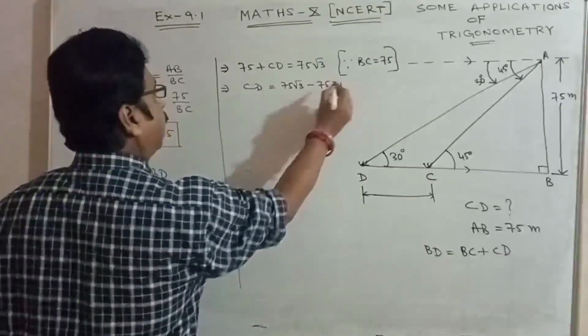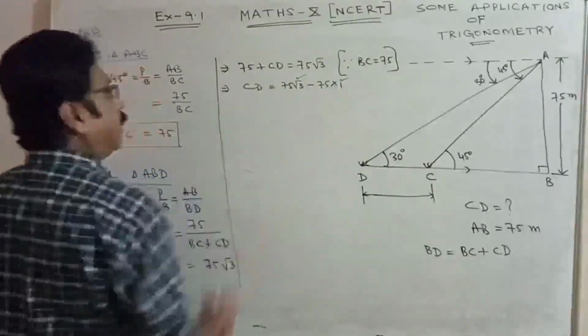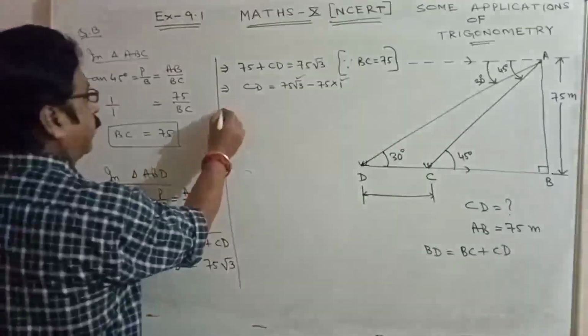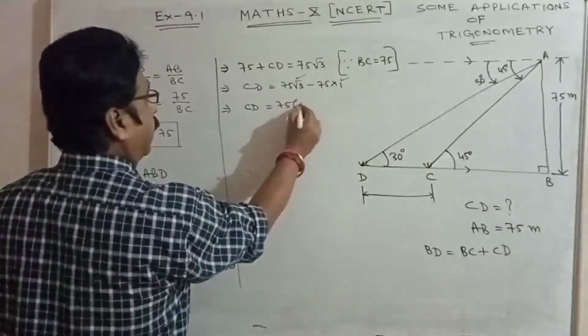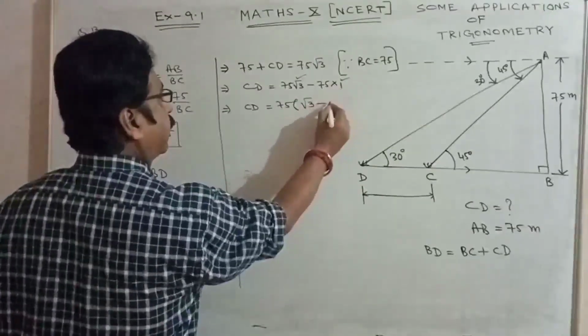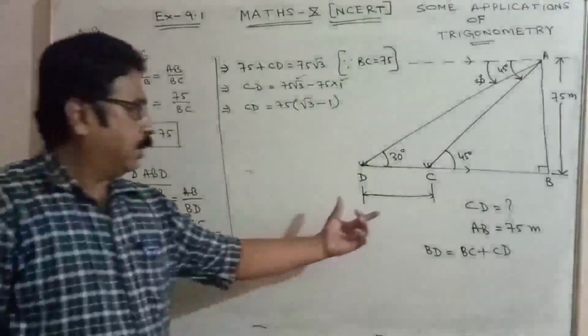We can write 75 into 1. Now 75 is common. It will be root 3 minus 1. CD we got.